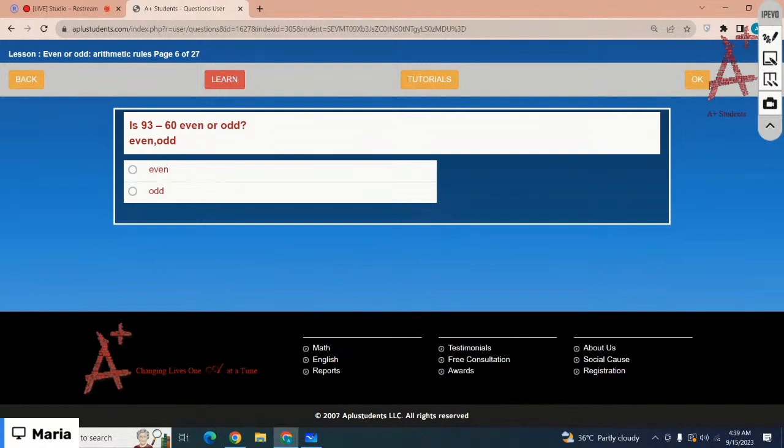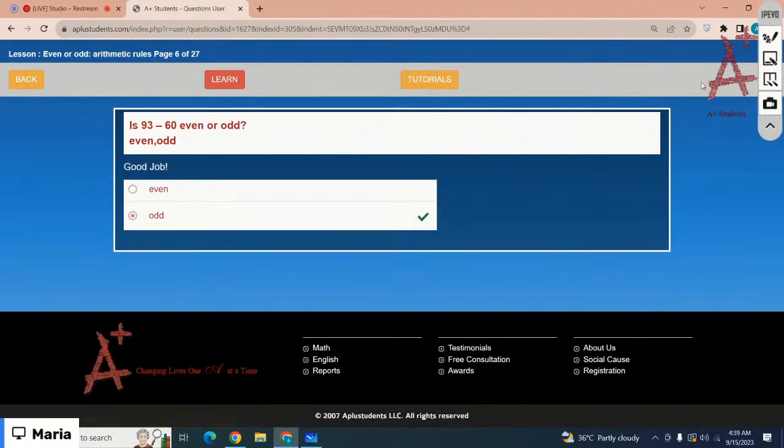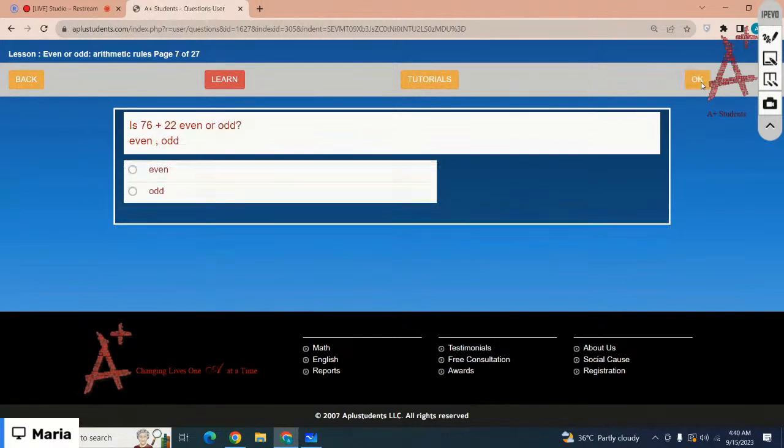Okay, is 93 minus 60 even or odd? It would be, yes, very good, that would be odd. Is 76 plus 22 even or odd? That would be an even number.